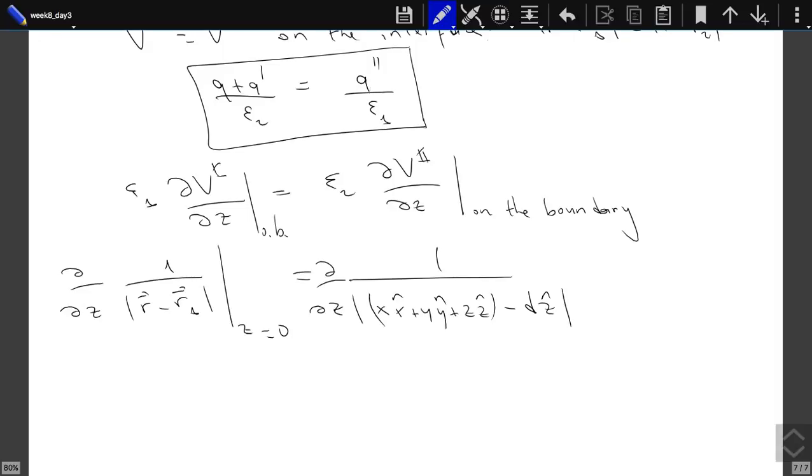I need to know the 1 over the distance of that point from the Z hat, which is my R1. This is equal to the derivative with respect to Z of 1 over the square root of X squared plus Y squared plus Z minus D squared.